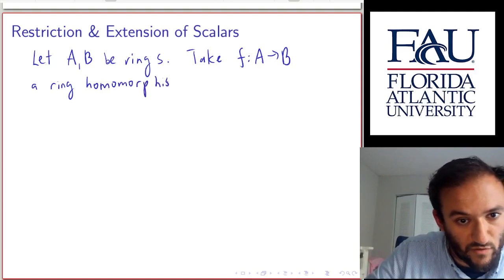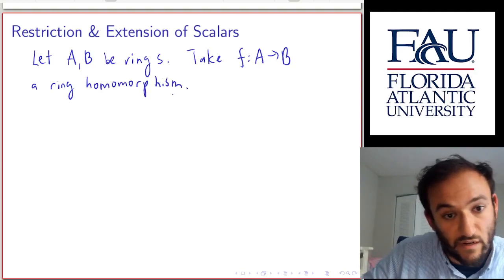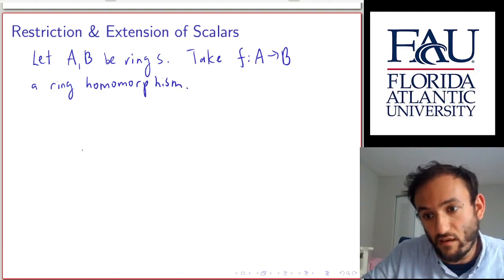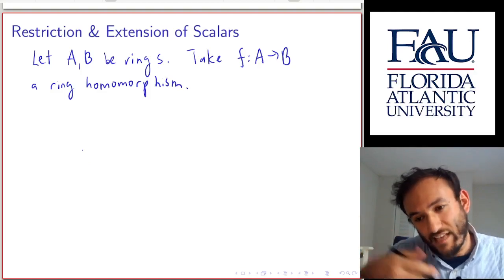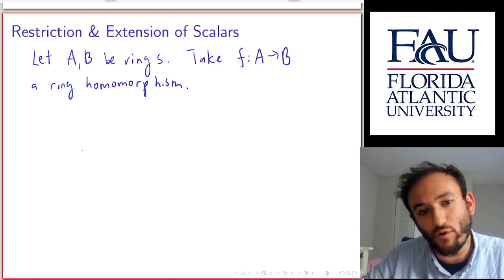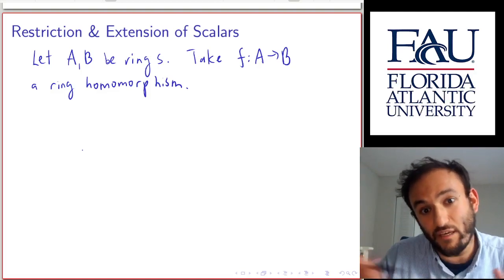Okay, so there are two scenarios we could have with the module. As in that earlier discussion, we're going to pretend that A is the smaller ring and B is the larger ring.